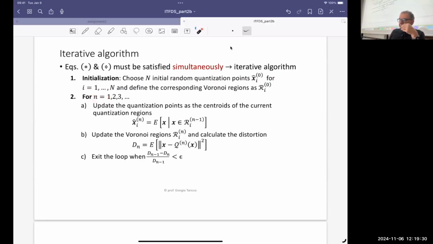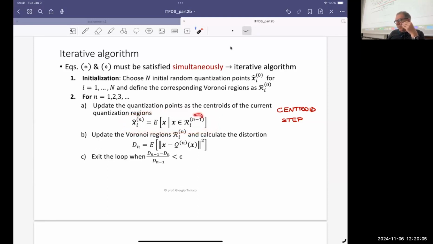These substeps: the substep A, that is the centroid step, consists in calculating the centroids by using the centroid equation, that is based on the Voronoi regions that we have at the previous step.